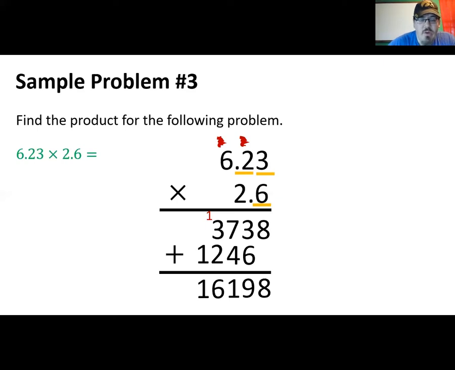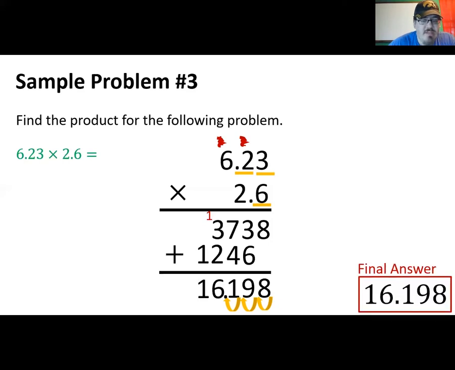So we go down to our answer, start at the right, and move the decimal point 1, 2, 3 spaces. Since there were 3 digits behind the decimal point up above, we move our decimal point 3 spaces down below. And once you get your decimal point in the right spot, you're good to go. The final answer for this situation is 16 and 198 thousandths.